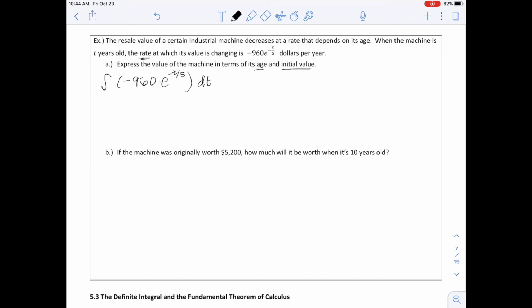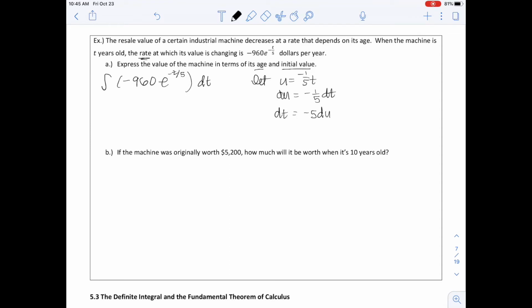In order to integrate this, I need to let u equal our inside function, negative t over 5. I'm going to rewrite that as negative 1 over 5 t. Taking the derivative, du is just negative 1/5 dt. Solving for dt this time, not dx, I multiply by the reciprocal and get negative 5 du.